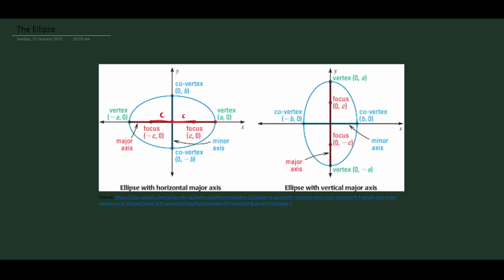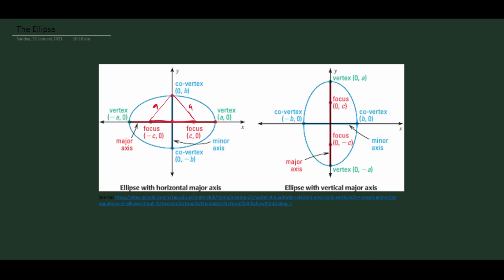Now if we select this point right here, which is also known as the co-vertex, and we connect the foci to it, we can say that these two distances are equal. So 2a divided by 2, therefore this distance right here is actually a.